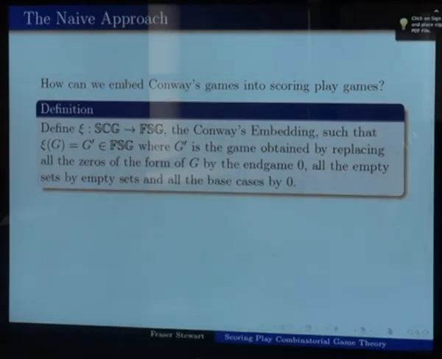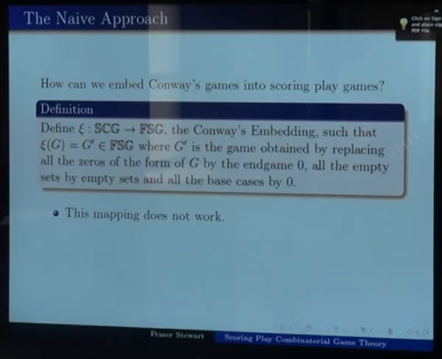If we have the following definition, here SCG means Conway's games, FSG means scoring games, which I just talked about, and we have this mapping which looks a bit complicated, and I won't get into the details, but it basically means you map 0 to 0. You don't really need to know what it means, but basically this mapping doesn't work.